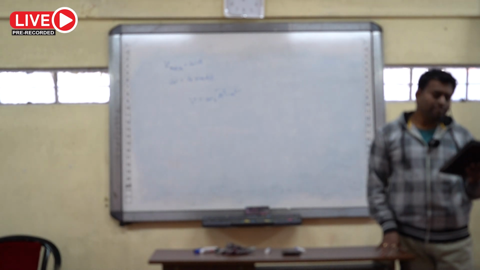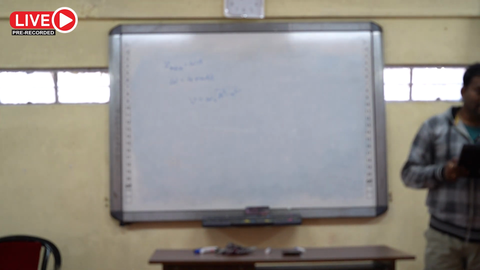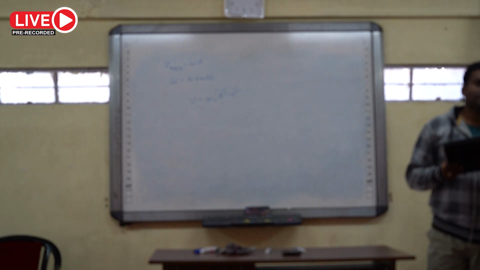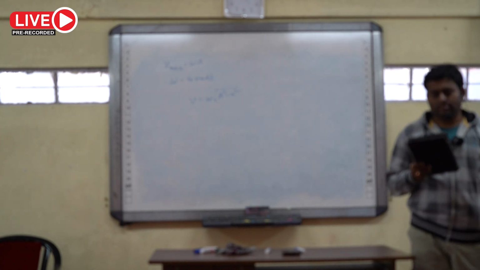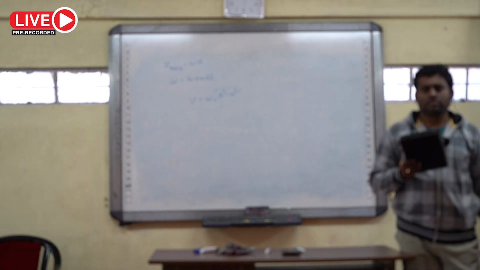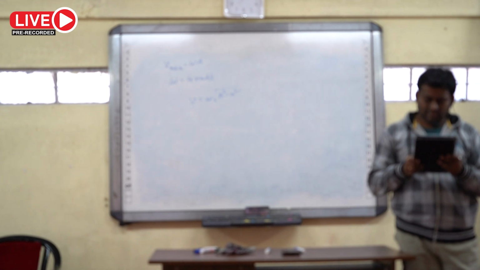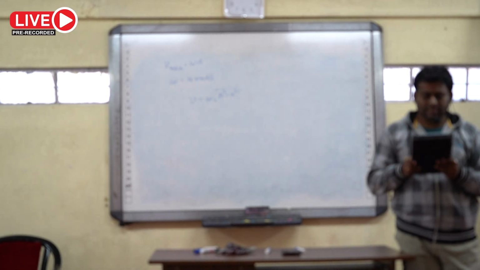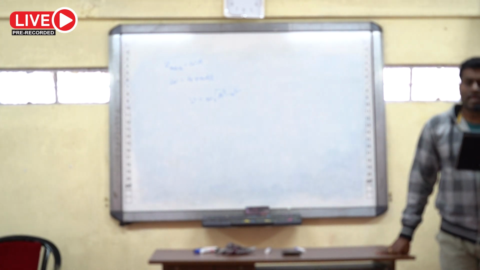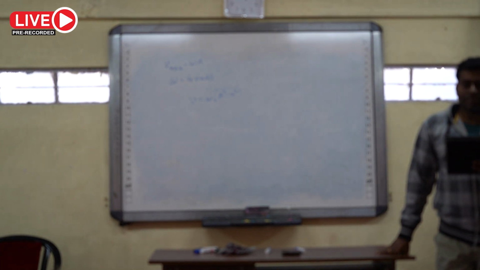Then its time period will be: option A, beta square by alpha square, option B, alpha by beta, option C, pi beta square by alpha, and option D is 2 pi beta by alpha.